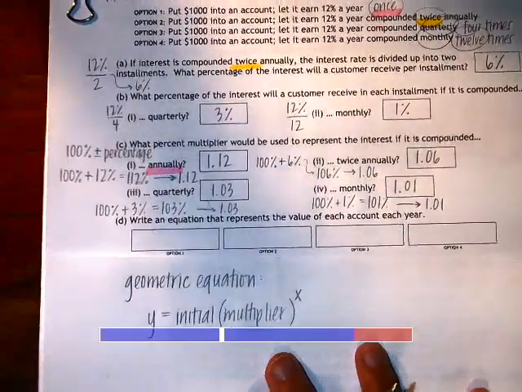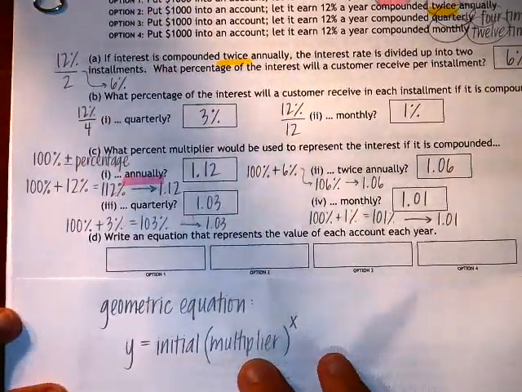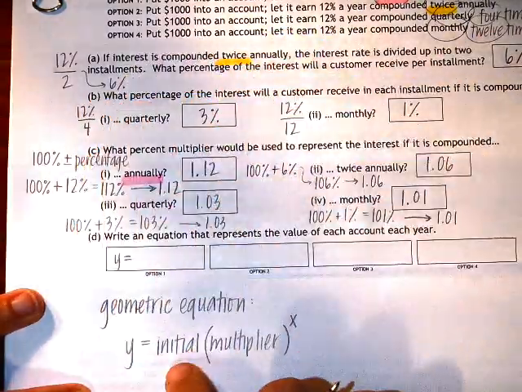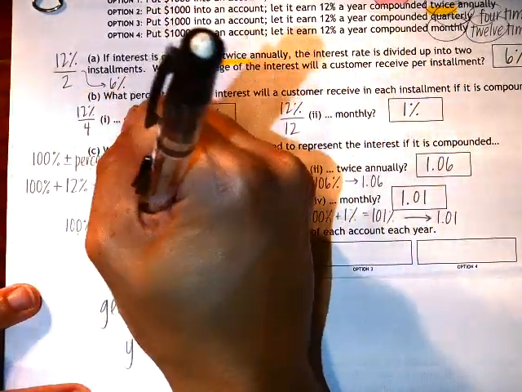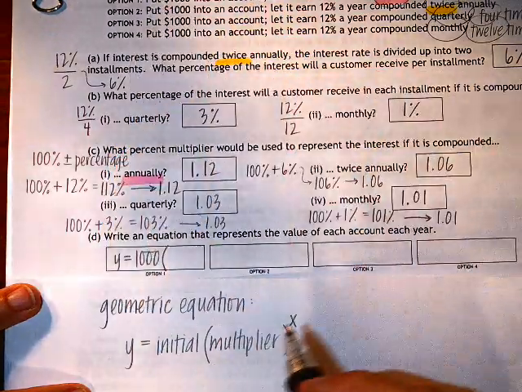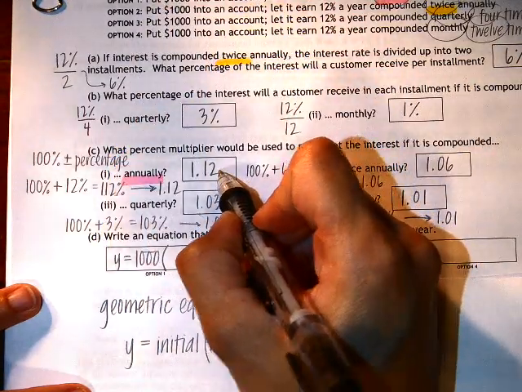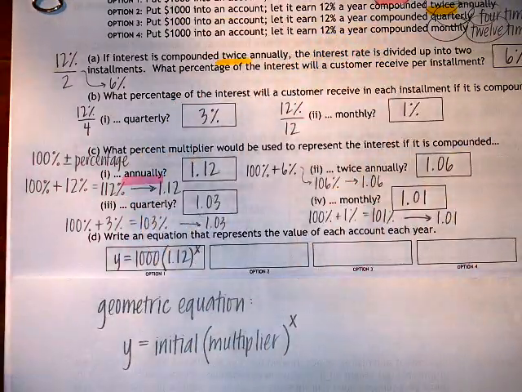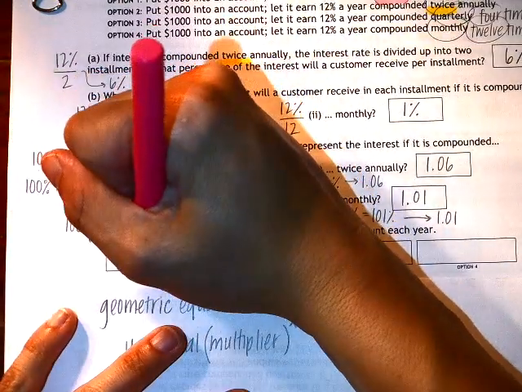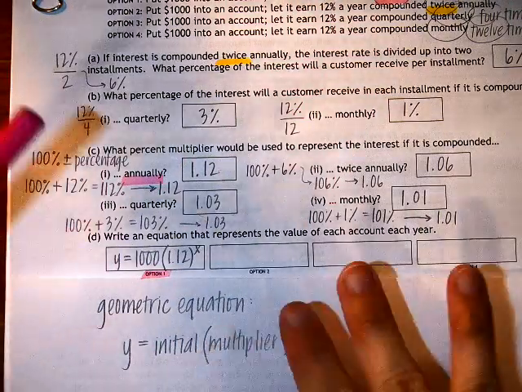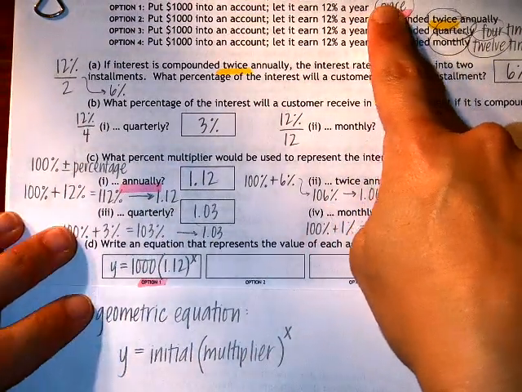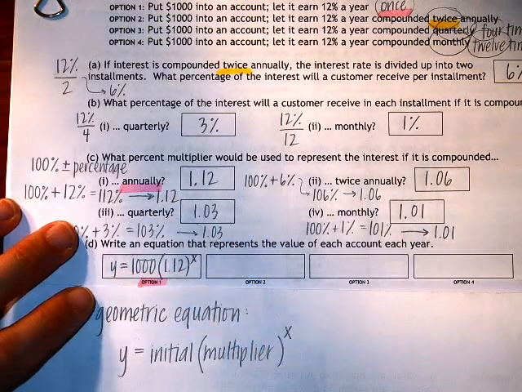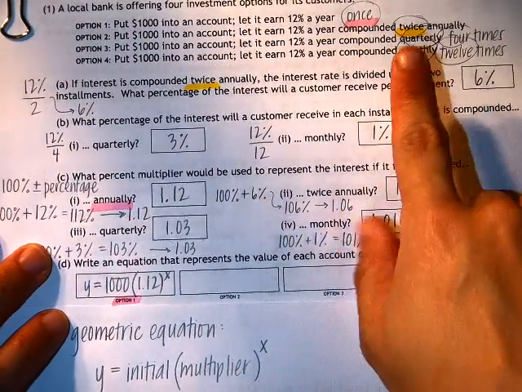So if I take that exact structure and simply plug in these numbers, I'll get y equals initial, which is 1,000, times multiplier, which is 1.12, to the power of x. And I'll just highlight this so I can remember. Notice I'm color coding everything that went together. When I did it once a year, that was my multiplier, so that was my equation. I can do the same thing for all the other ones.